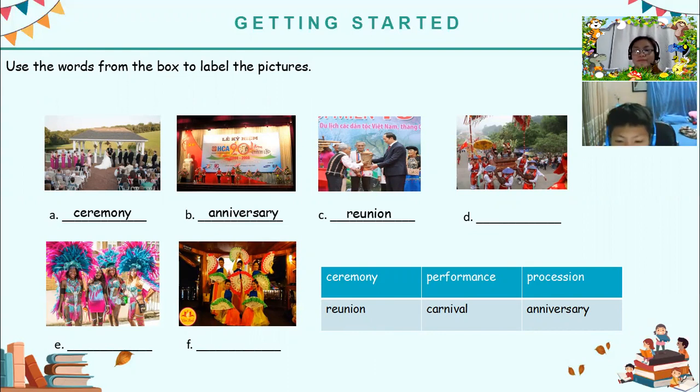Letter D is performance. It's a procession. E is carnival. Wonderful. And the last one is performance. Okay, very good.